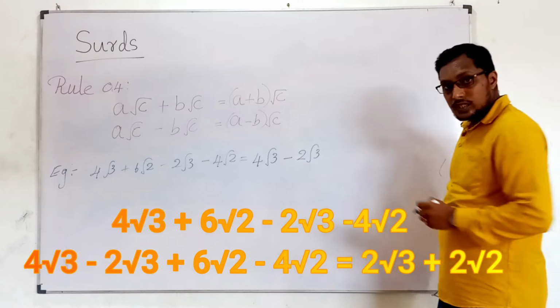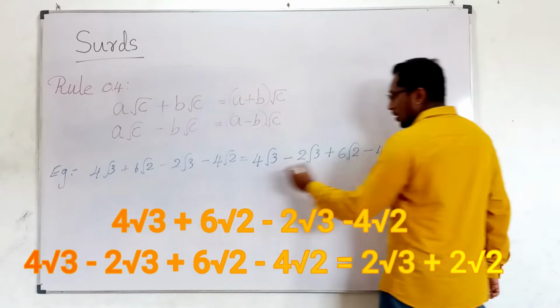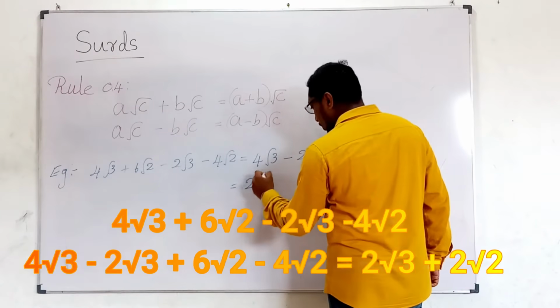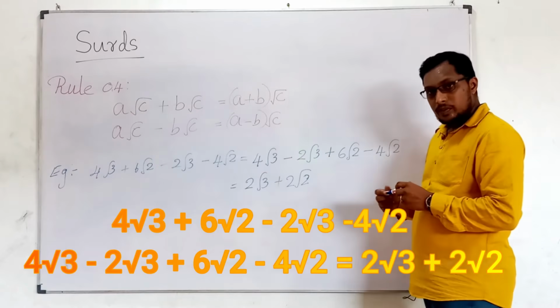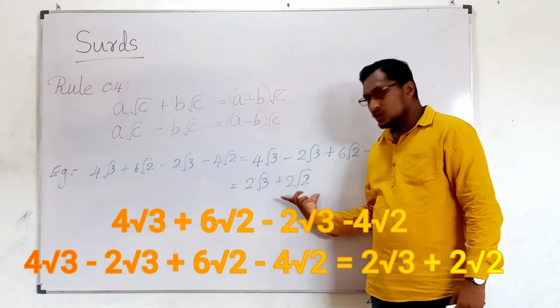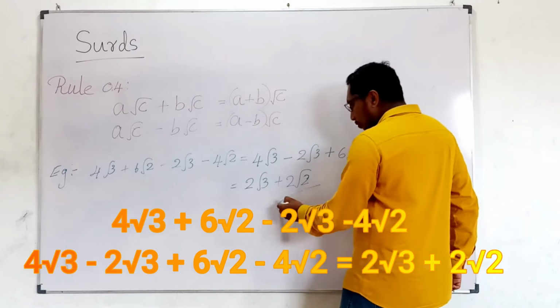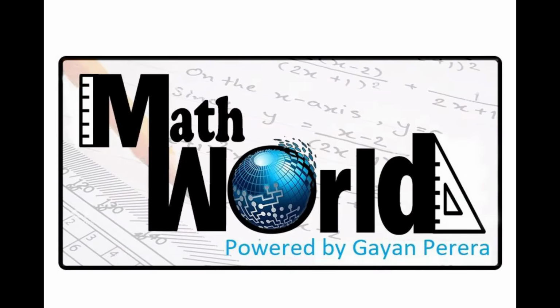So we can collect the like surds, root 3 terms together and root 2 terms together. Okay, now you can apply this rule. 4 minus 2, 2. 6 minus 4, 2. Remember, you cannot add these two together because now these surds are not the same. So therefore this is the final answer. Well, I think you can understand that also.